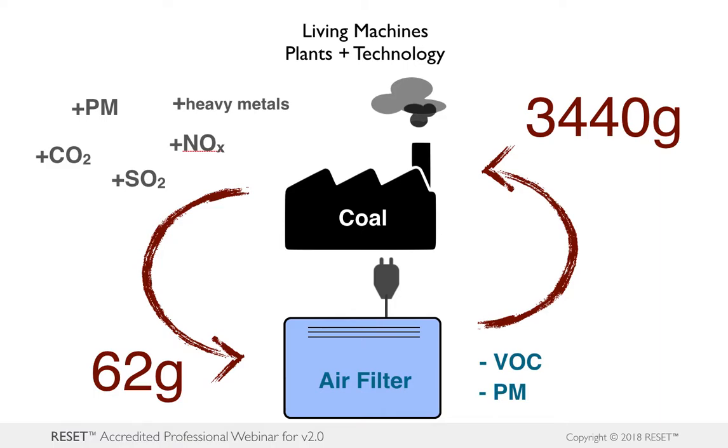So it's a race to the bottom with this kind of approach. You're introducing heavy metals and NOx and SOx and all sorts of things to the environment for the merely tiny amount, in comparison, of clean air that you're trying to produce. So this is, again, not a solution that we need to be leaning on. We need to start looking at different innovations.